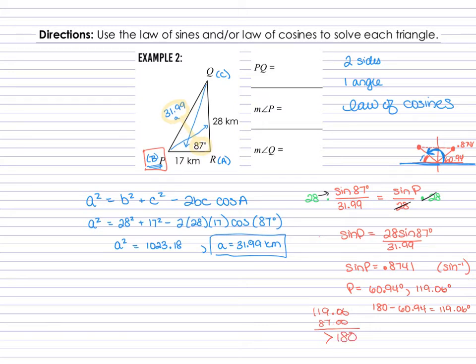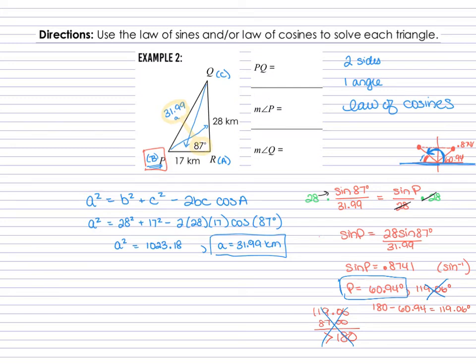If we add two angles together and they're greater than 180, that can't possibly work. So even though we had to find it, we can eliminate the 119-degree angle as a possibility because of the information we are already given. So we do know for sure that angle P is 60.94 degrees.